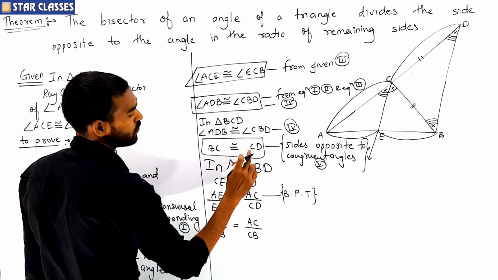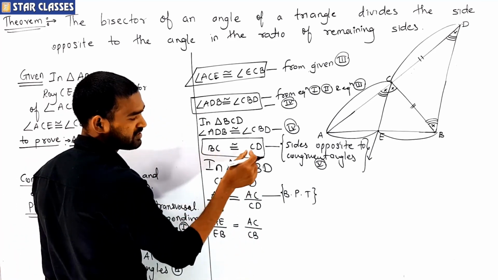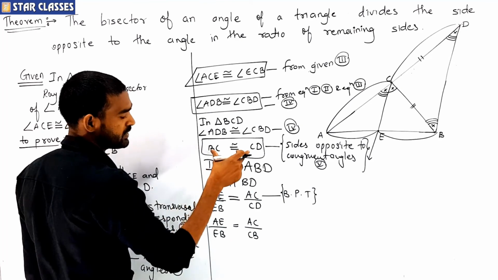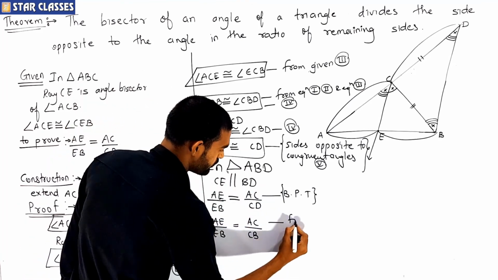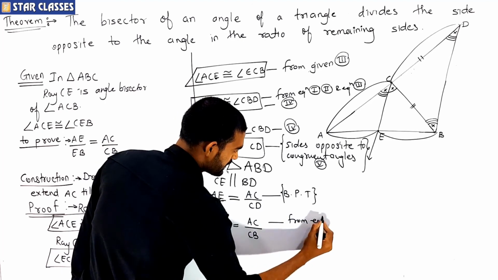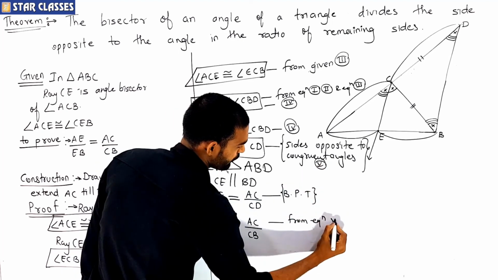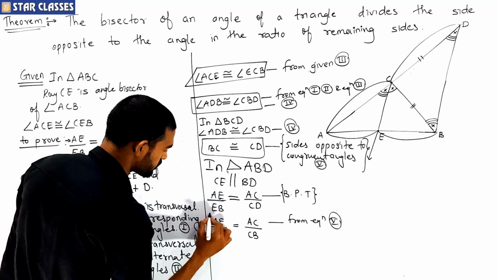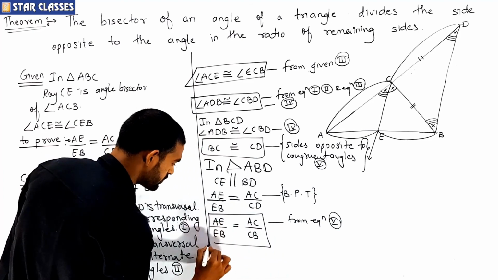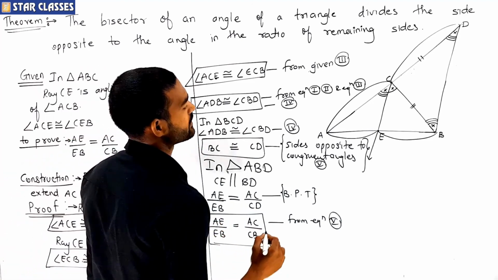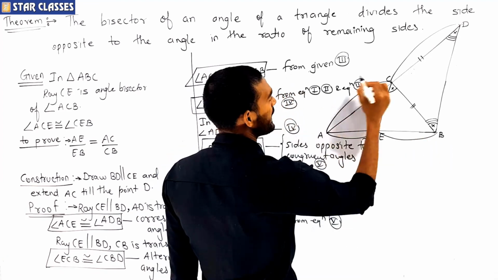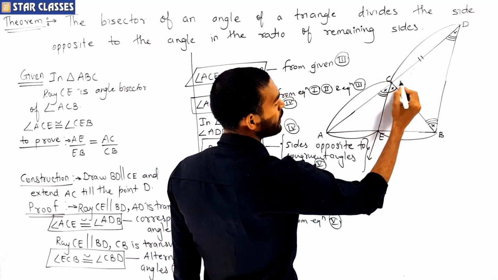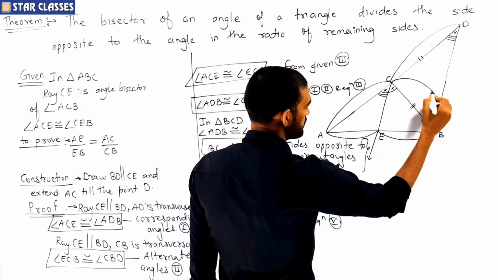From where? From equation 5: BC is equal to CD. So this way we have proved that AE upon EB is equal to AC upon CB.